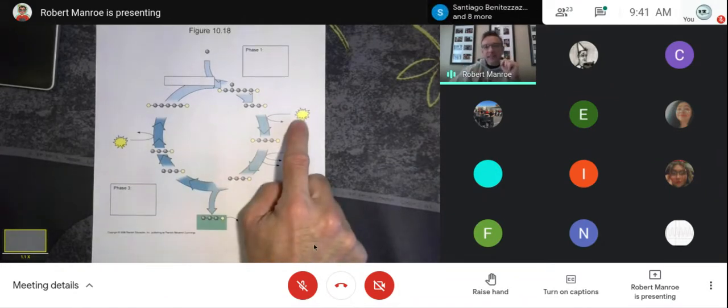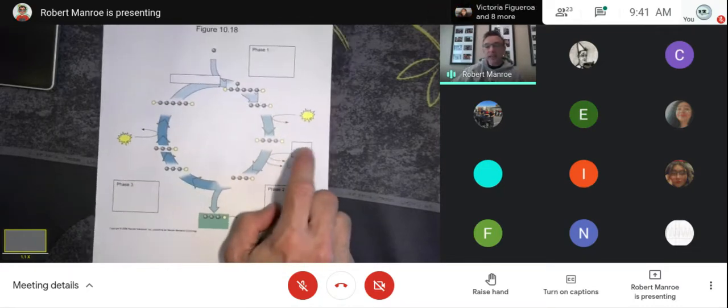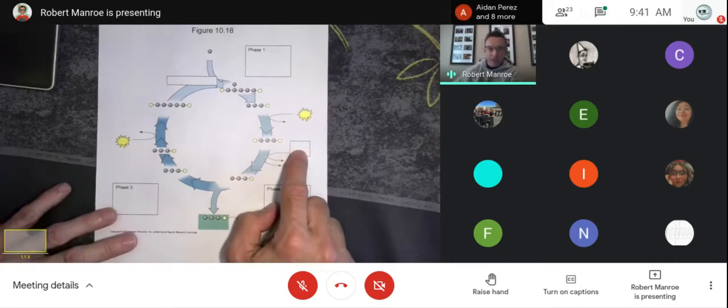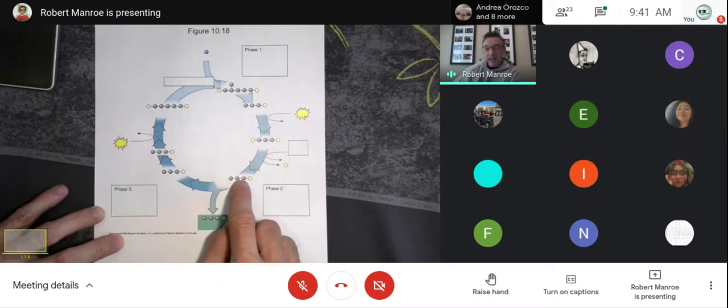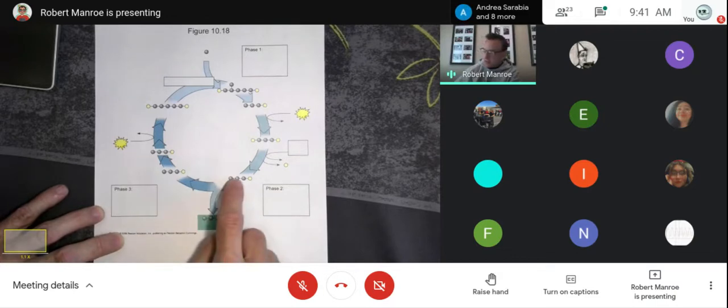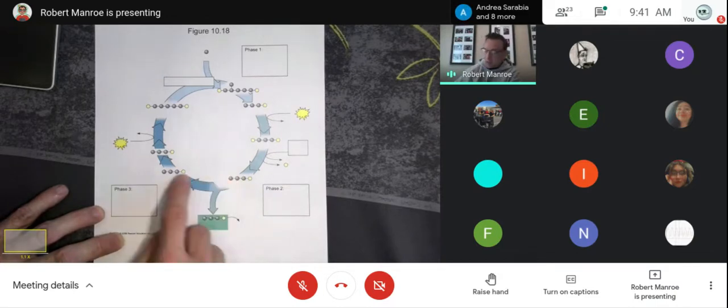Aha! Here's your ATP from the light-dependent reactions. Here's your NADPH from your light-dependent reactions. You now have a molecule that's carrying the high-energy electrons, right? You take one of those molecules out, you take what's left and literally rearrange it.